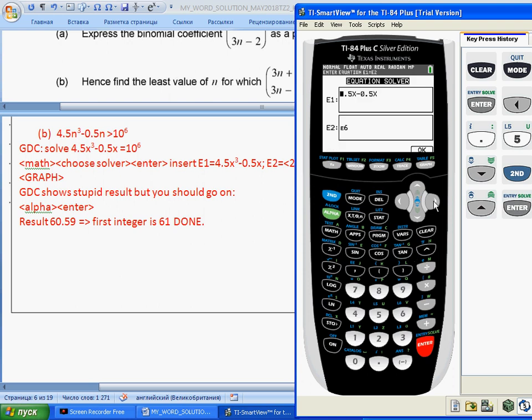Here I want to correct. First of all, I delete it. Then I want to insert. To insert, I press second and delete. Now I can insert. So I will insert second cubed, so raise to the third power. Finished. Now it is okay.